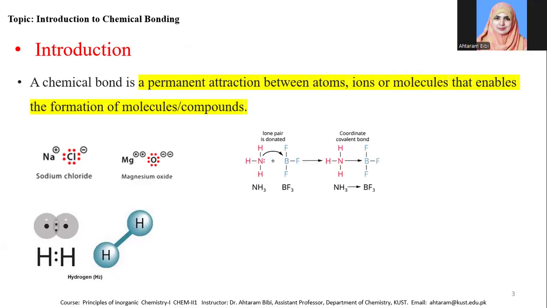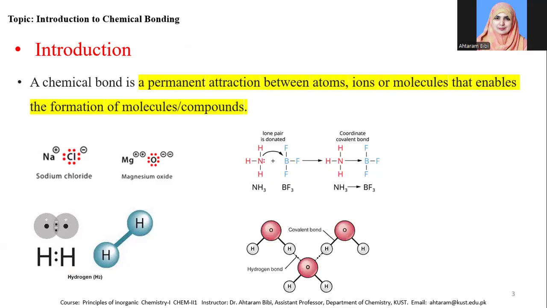We can see over here another example of a chemical bond, the chemical bond between ammonia and boron trifluoride. In this case, both the electrons are donated by one of the molecules, and that molecule is ammonia. So this type of bond is generally known as a coordinate covalent bond.